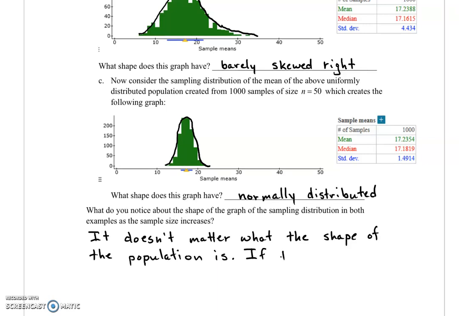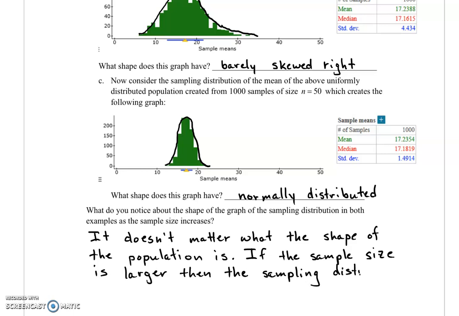If the sample size gets large enough, then the sampling distribution of the mean is approximately normal.